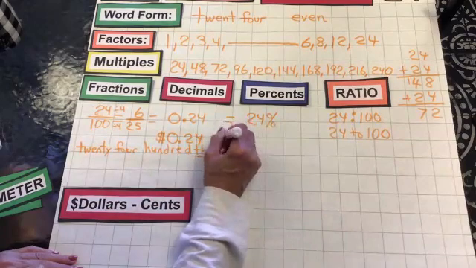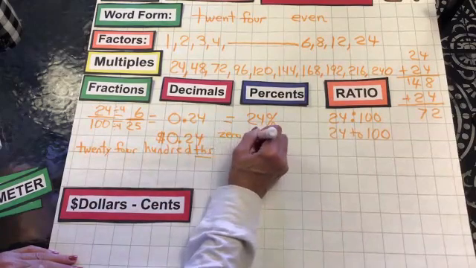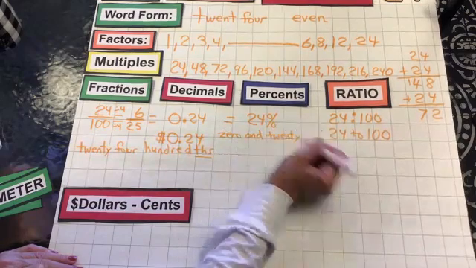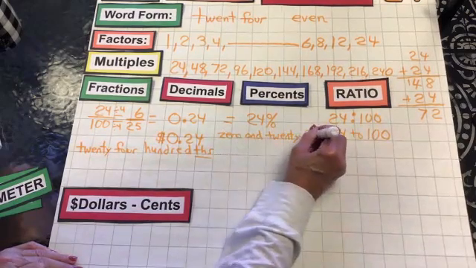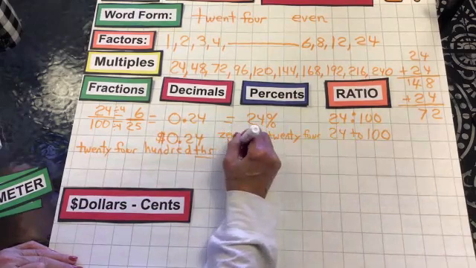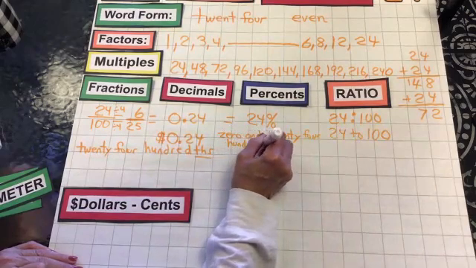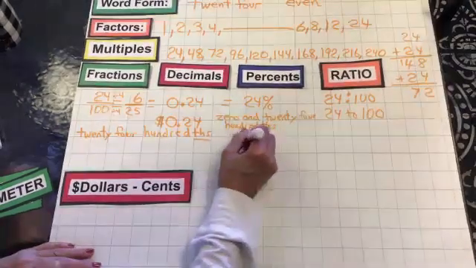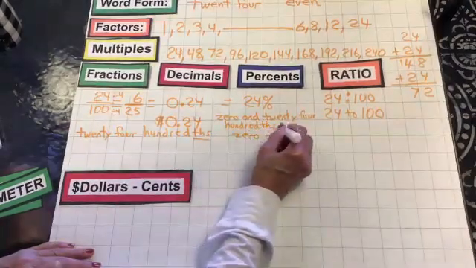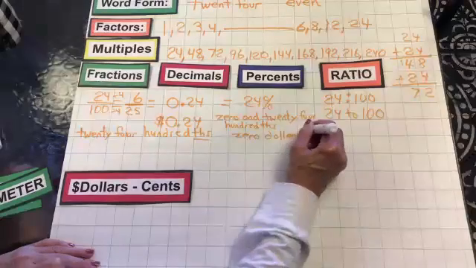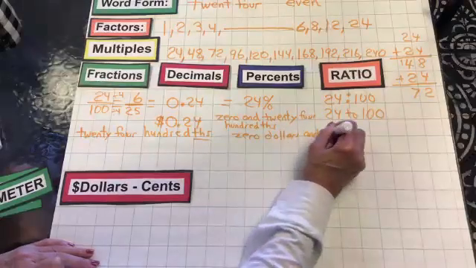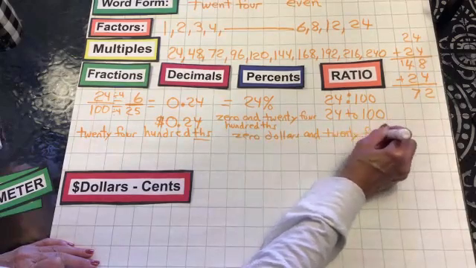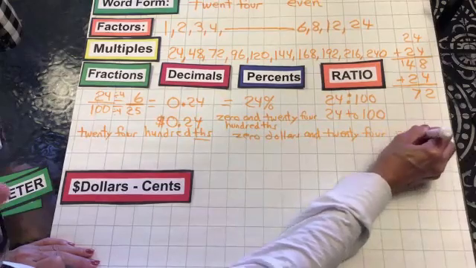Or we have 0 and 24 hundredths. Or we have $0 and 24 cents.